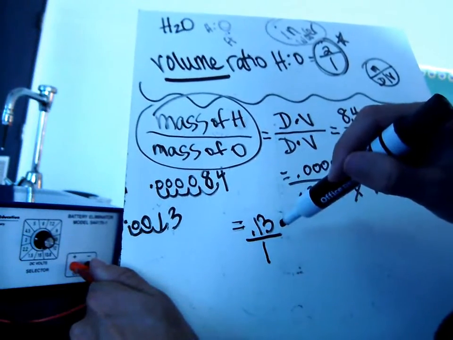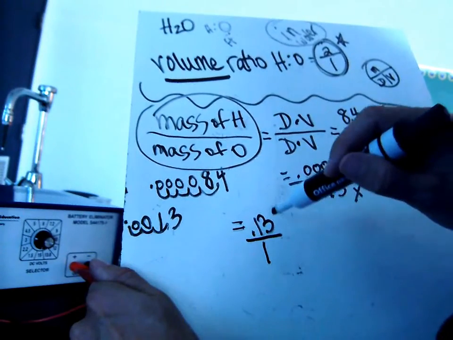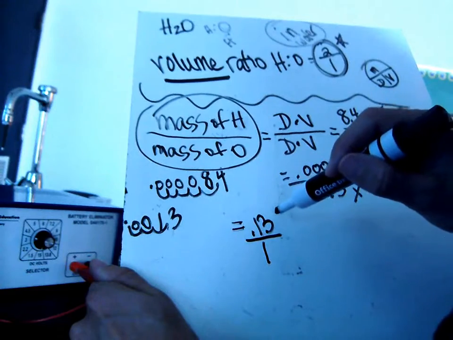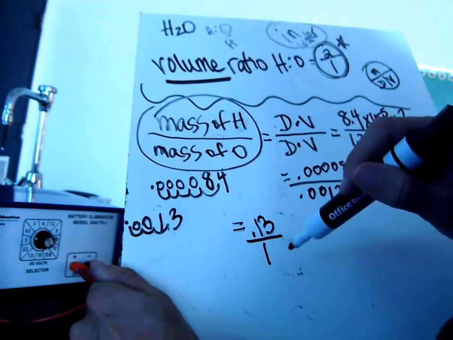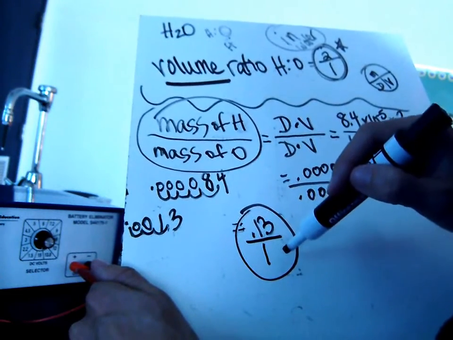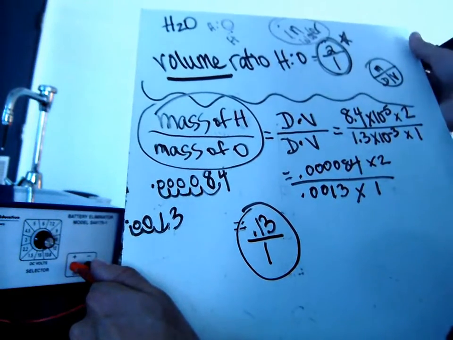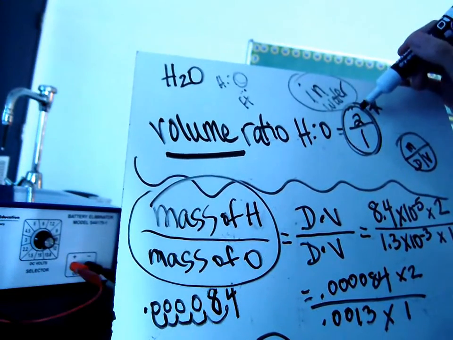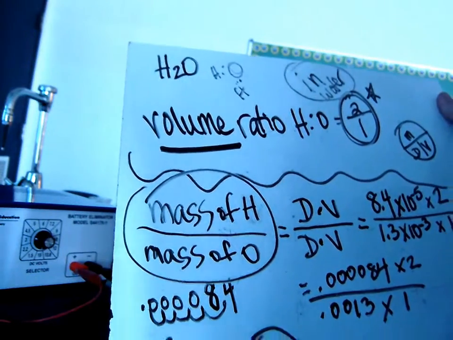Well, the mass of the hydrogen compared to the mass of the oxygen is 0.13 to 1, which means the mass of the hydrogen would be 0.13 compared to the mass of the oxygen, which is 1. What this means is that the oxygen is a lot heavier. Its mass is greater than the mass of the hydrogen, which if you go all the way back up to the volume, you're like, wait a second, we had twice as much hydrogen. How can that have less mass? Well, think about this.